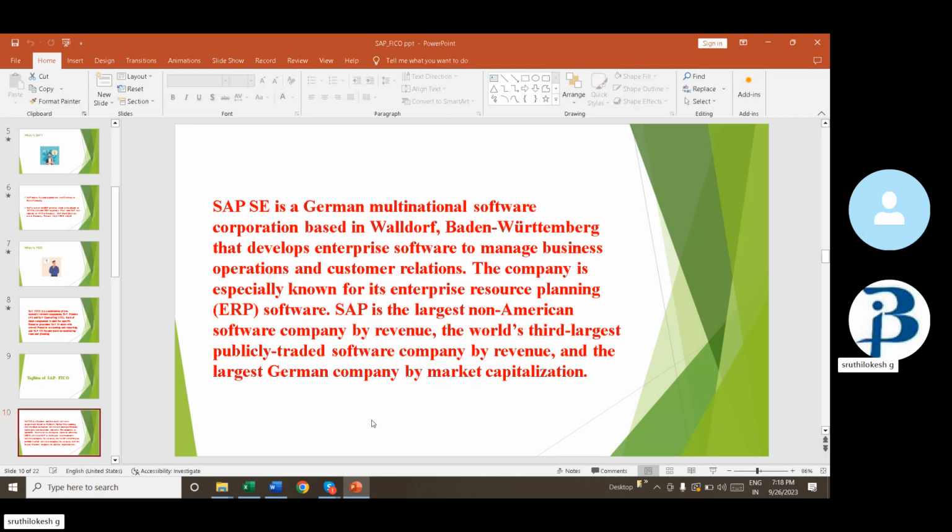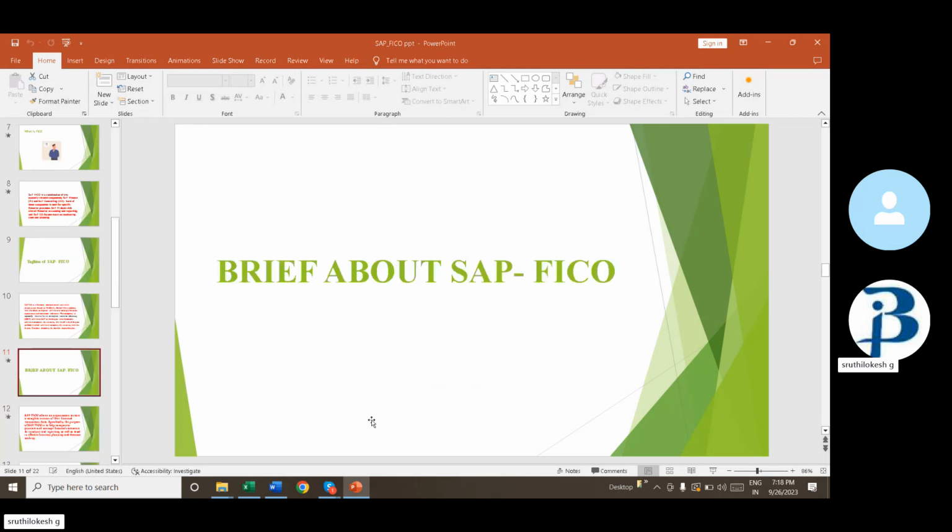The company is especially known for its enterprise resource planning software. Previously I said the company uses it as an ERP software solution. Basically this was started in a German company. A brief about SAP.